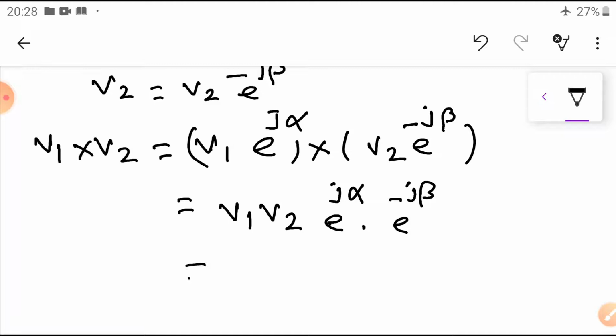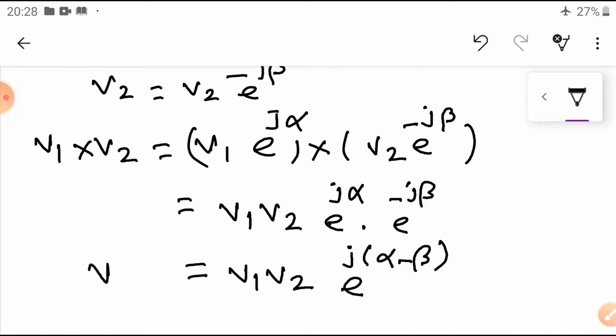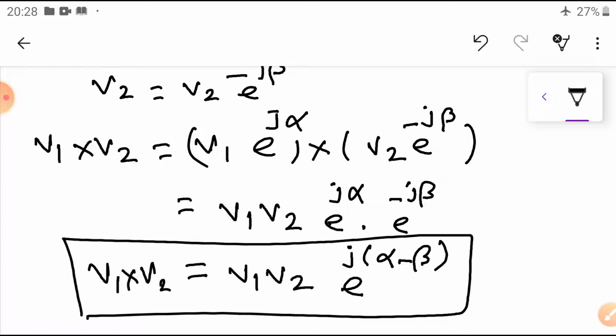So, I am going to get V1 and V2 and e to the power of, you can take the j as a constant out, then alpha minus beta. So, this is the V1 into V2 value, this is the equation. Whatever the multiplication, here you are going to add the exponents, such that we are going to do problems.